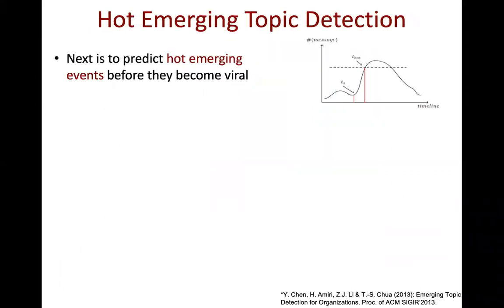So now let's talk about hot emerging topic detection as a whole, where we want to predict hot emerging events before they become viral. Because honestly, if we can only detect events, this is useful, but not as useful when it comes, let's say, to predicting a stock price based on events, right? But if you see that something is going to happen, and you have access to this real-time data, maybe you can try to predict this in advance.